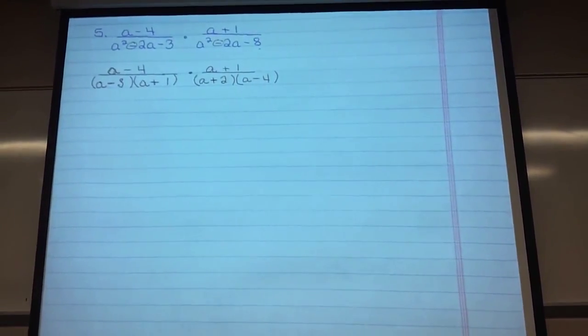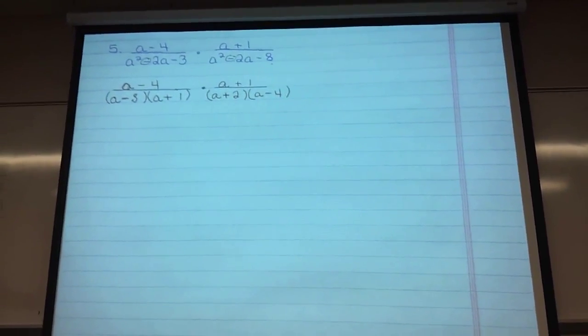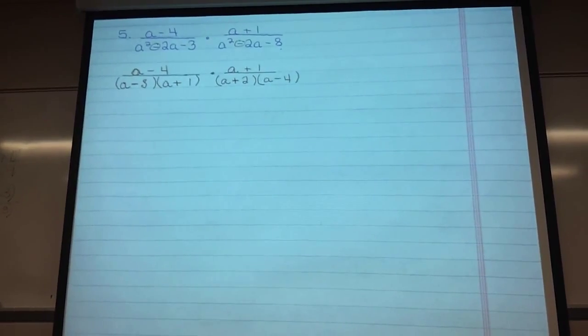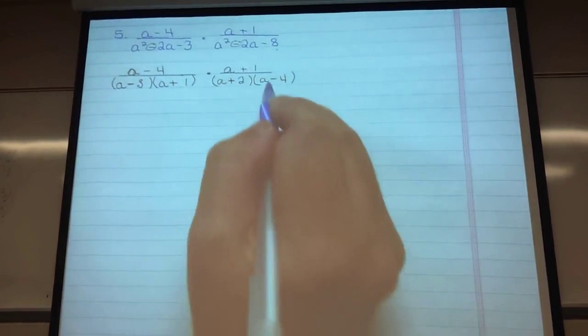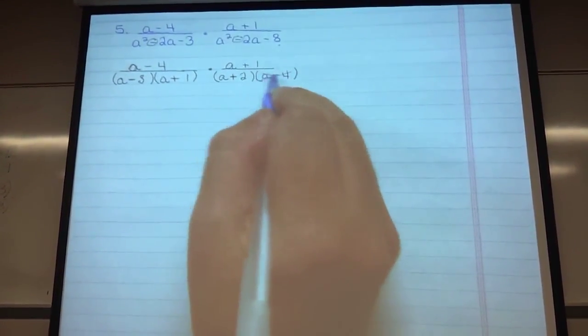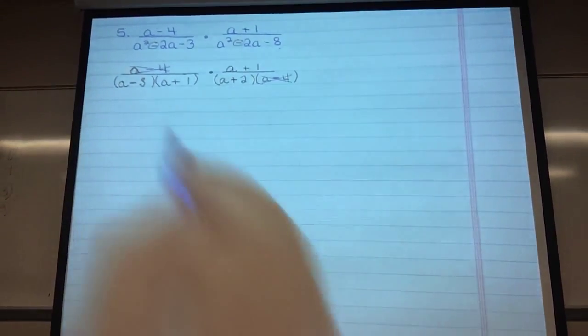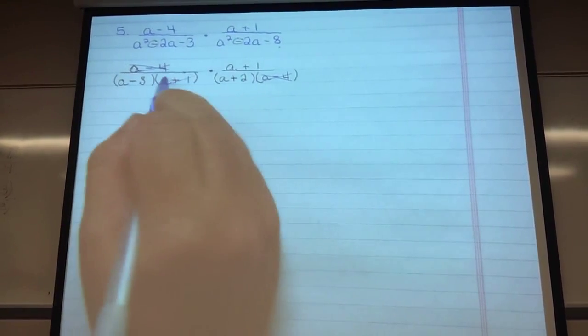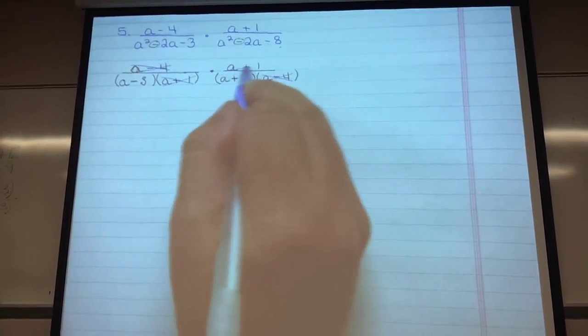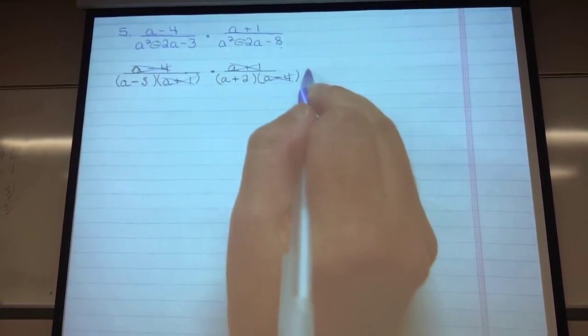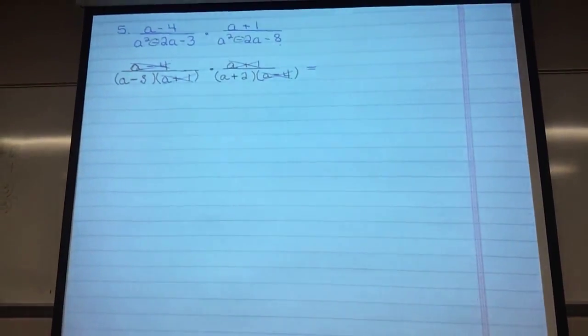After you have everything factored, you have to see, do you have any common expressions? Yeah. a minus 4 here and a minus 4 there, 1 on bottom, 1 on top. And the a plus 1 and a plus 1. Again, 1 on bottom, 1 on top. So what do you still have on top? 1.